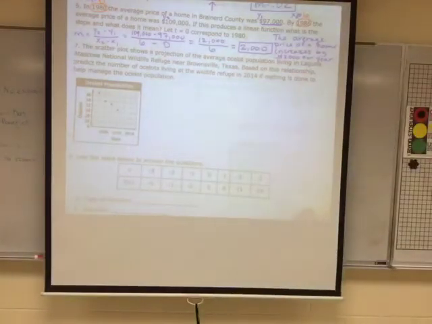So what I can do is use this data to write a regression and then use that equation to find out what the population would be in 2014. So let's do that now.